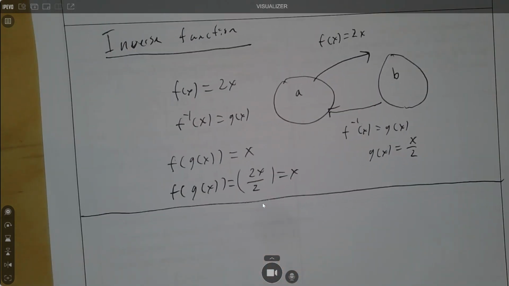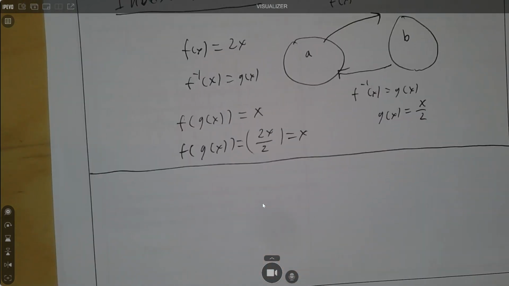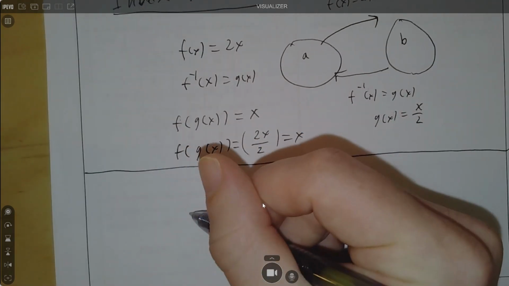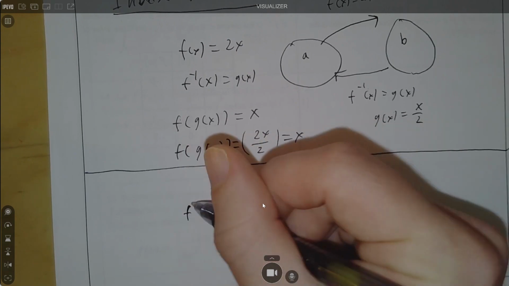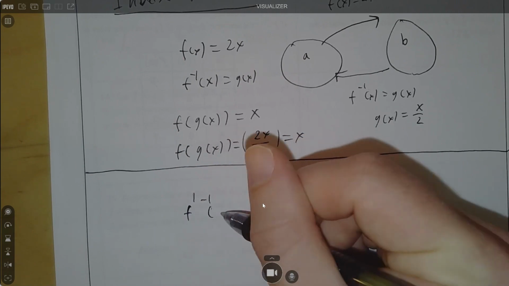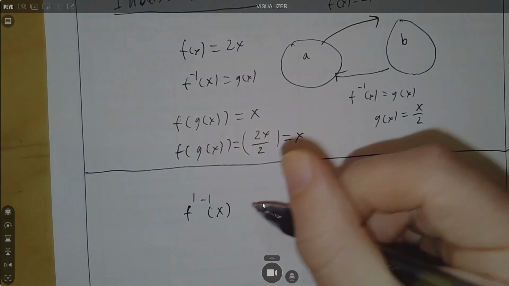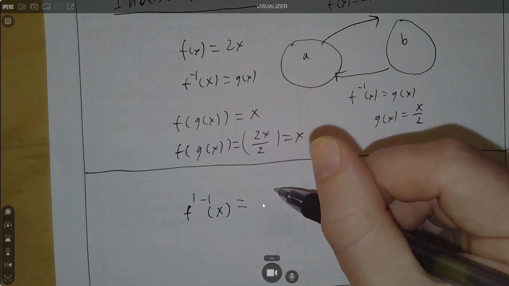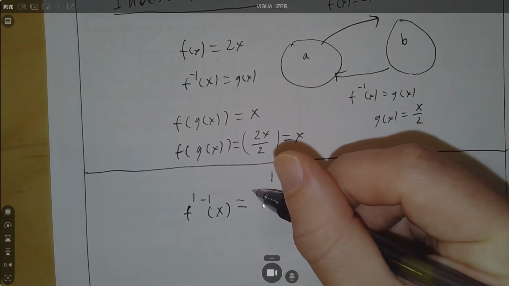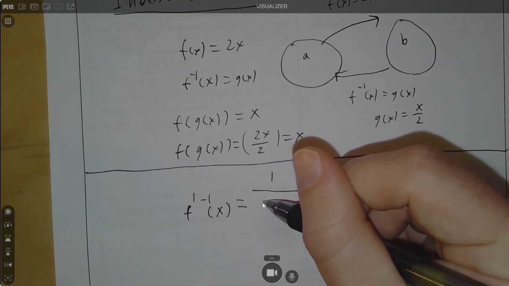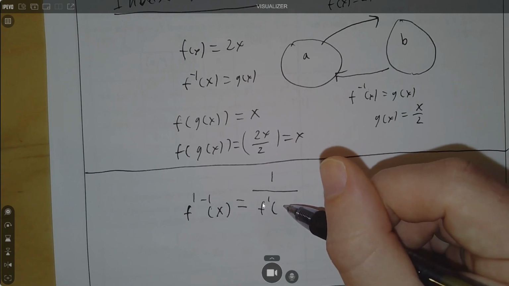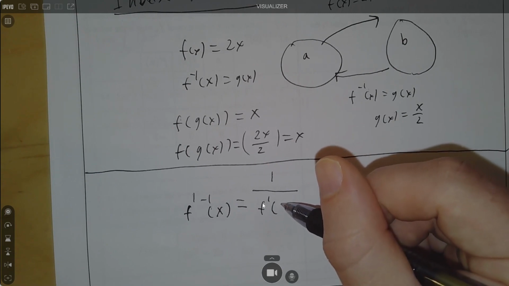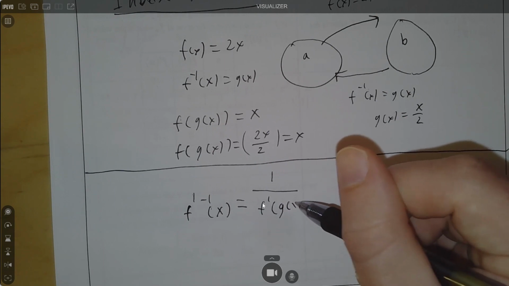So how does this work in calculus? Well, sometimes calculus will ask you to find the derivative of the inverse. The derivative is just a formula. The derivative of the inverse of a function is equal to 1 over the derivative of that function with the value of the inverse put in.